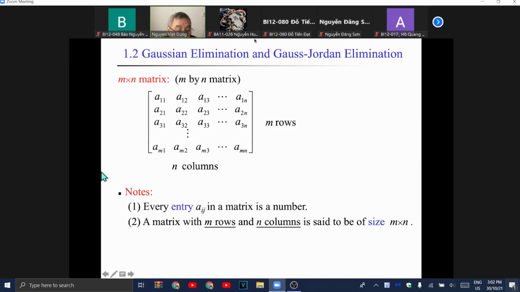In order to do that, we need to define a matrix. Here on the screen, you see a matrix is a rectangular table like that. It consists of m rows and n columns, and each element inside the table is named an entry. A matrix with m rows and n columns is called of size m by n.